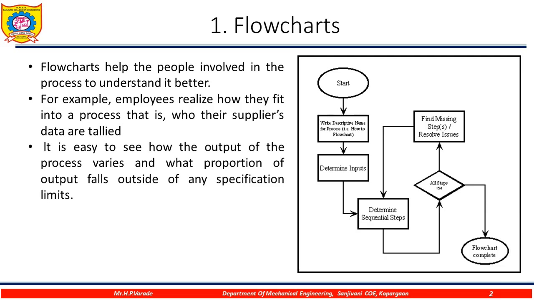So here I am showing the flowchart. This is the flowchart picture or diagram. The flowchart helps the people involved in the process to understand the process better. For example, employees realize how they fit into a process, that is, who their suppliers are. It is easy to see how the output of the process varies and what proportion of the output falls outside of any specification limits.